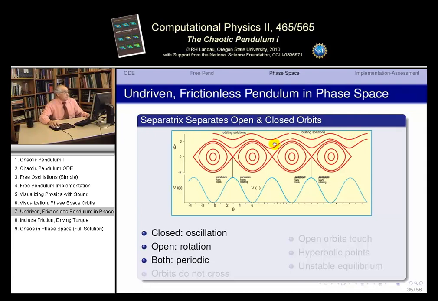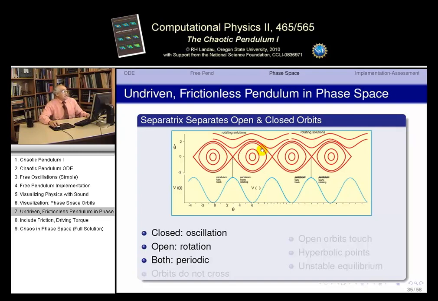Now, both of these are periodic, because they both correspond to repetitive motion, one that was bounded in some region where it vibrates, and the other keeps running. Separatrix is just this line here, okay? So it's just the one with the cross in the middle here that separates vibrations and rotations.